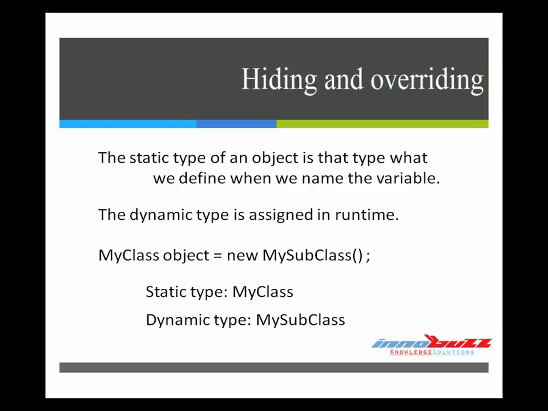But if we call a hidden method, we invoke the method of the base class. If both static and dynamic types are my subclass, we can just call the methods of this class.